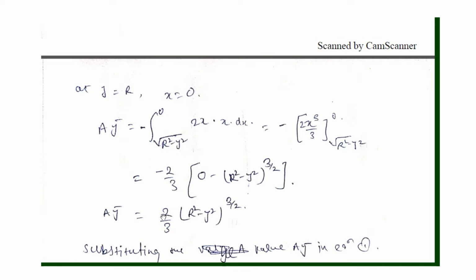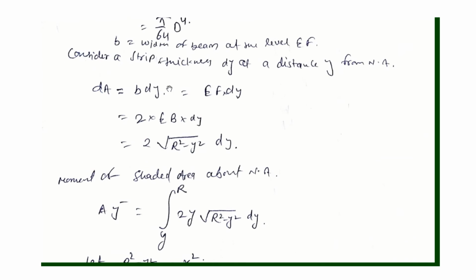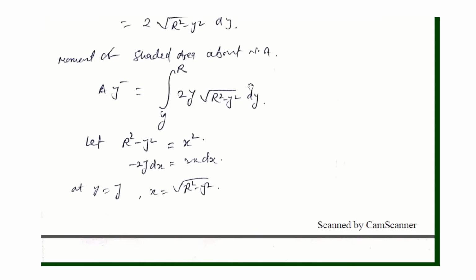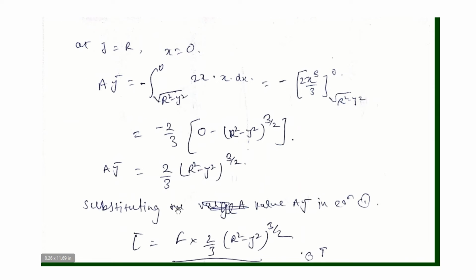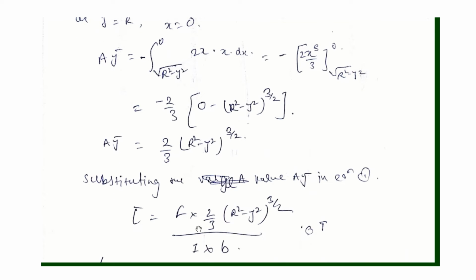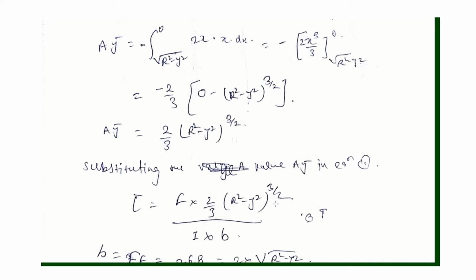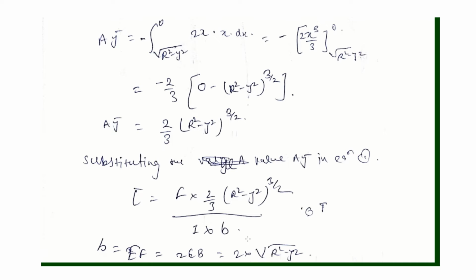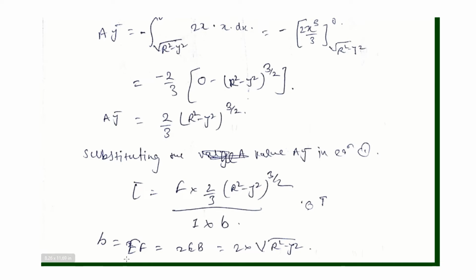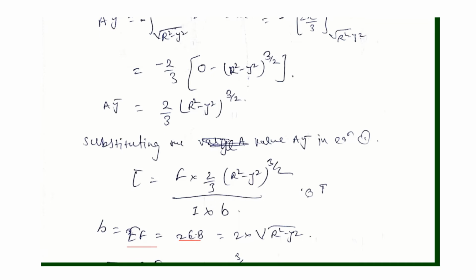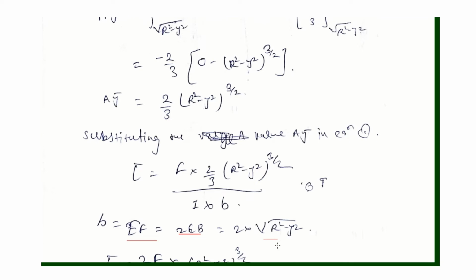This A y bar is put in the equation, tau equals F A y bar by I b. So tau equals F into 2 by 3 (r square minus y square) to the power 3 by 2, divided by I into b, and here b is EF, and EF equals 2 into EB, and EB is root of r square minus y square.